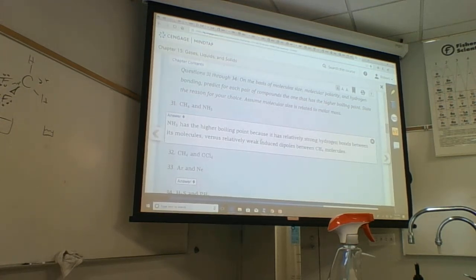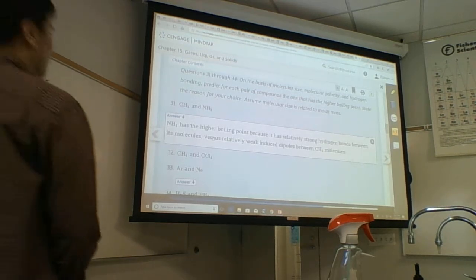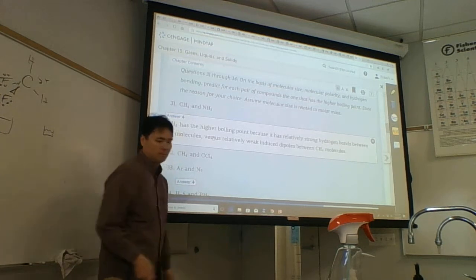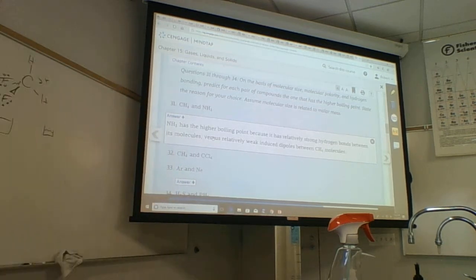Ammonia has a higher boiling point because it has relatively strong hydrogen bonds between its molecules. Actually, I forgot, it's a hydrogen bonded to nitrogen, H bonding, versus relatively weak induced dipoles in methane. So it's even stronger.